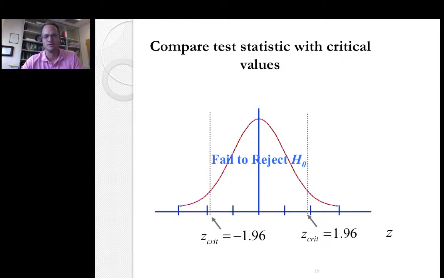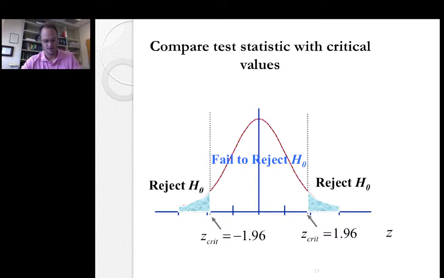We have our critical Z values of 1.96, the fail to reject region, the rejection region, and negative 0.416 falls right here. That's my Z stat, right?